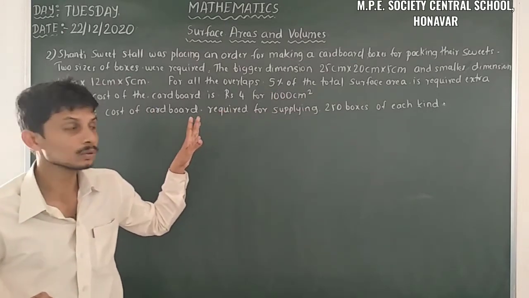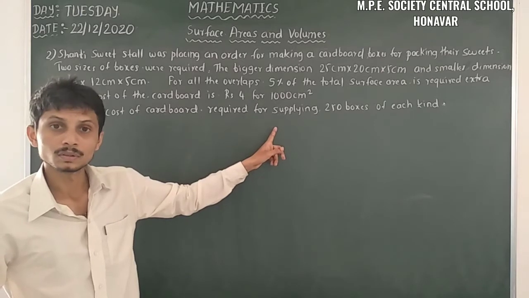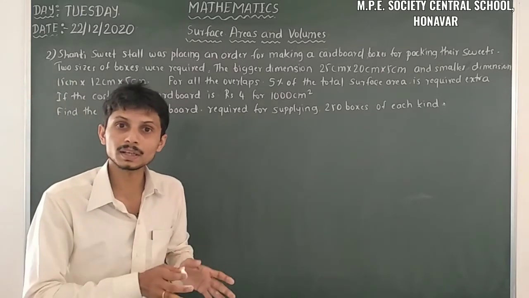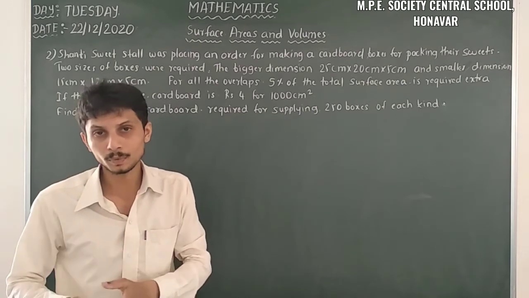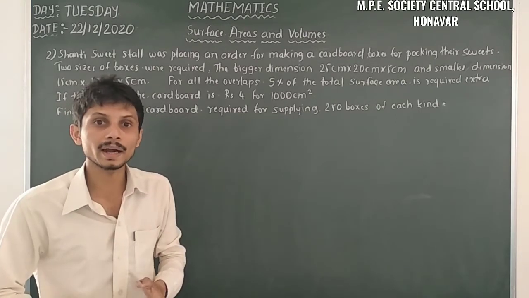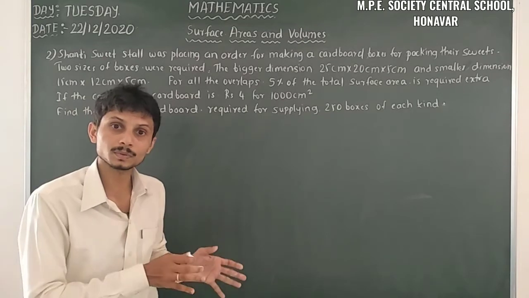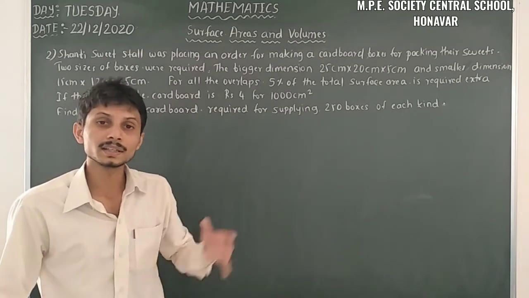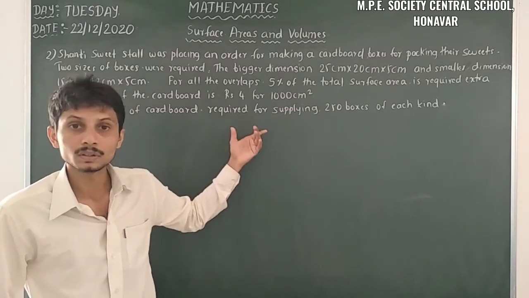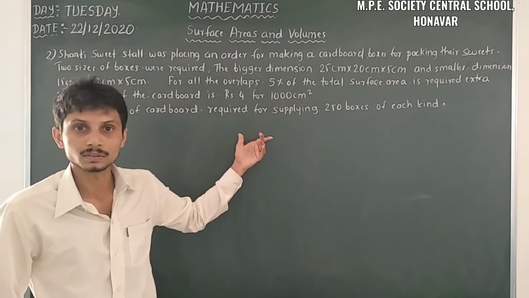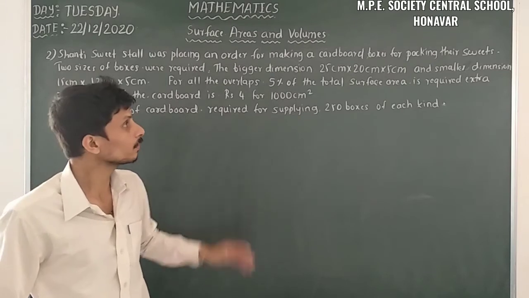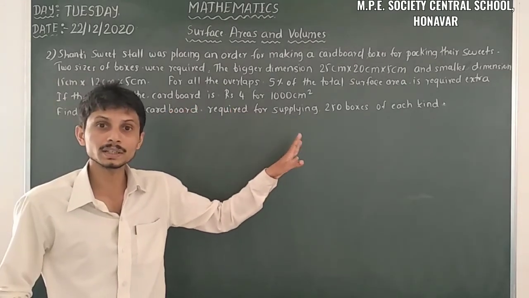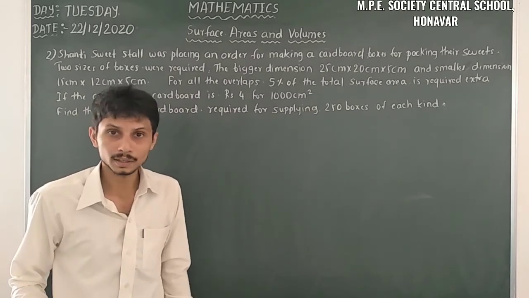So we have to find first the total area, individually for the bigger dimension and individually for the smaller dimension. Then we add the smaller boxes and the bigger boxes, and then we take the cost.